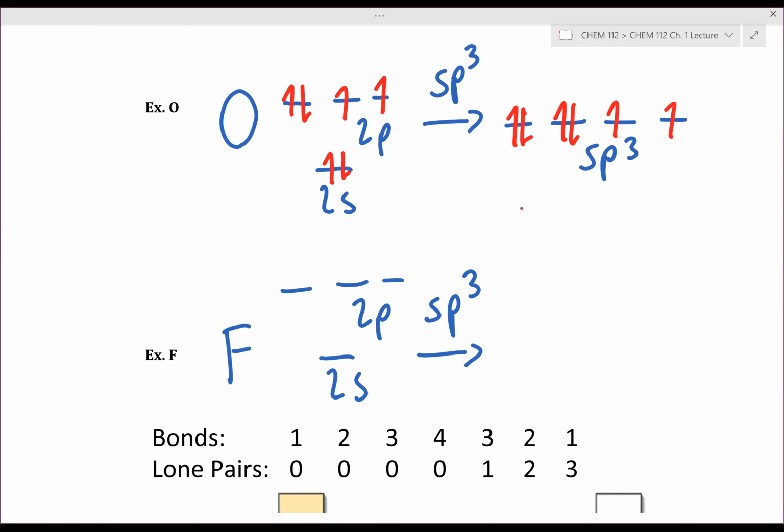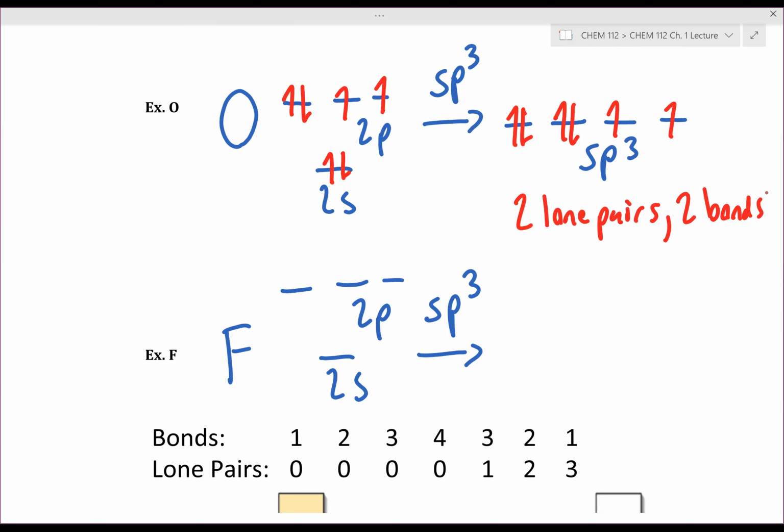So we'd have 2 lone pairs. And how many single bonds, how many sigma bonds can we form? 2. As I discussed, how many bonds does oxygen typically like to form? 2. And how many lone pairs does oxygen typically like to have? 2.